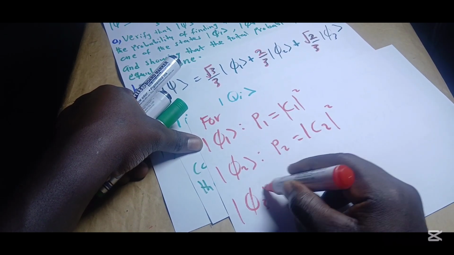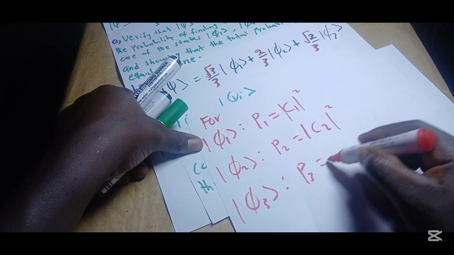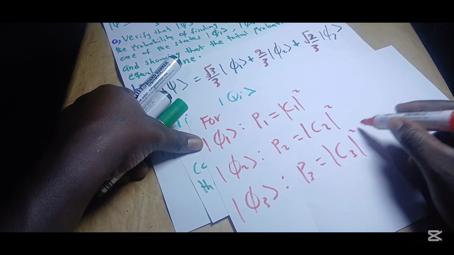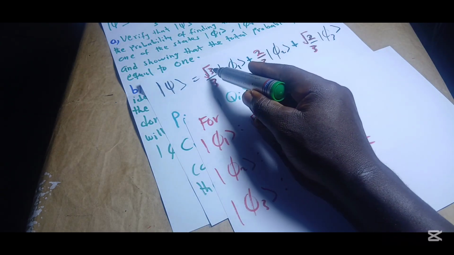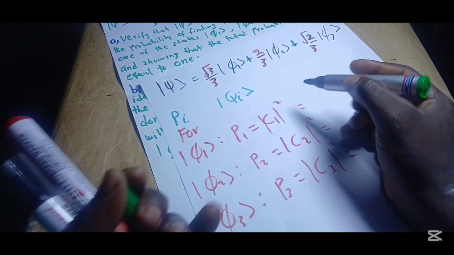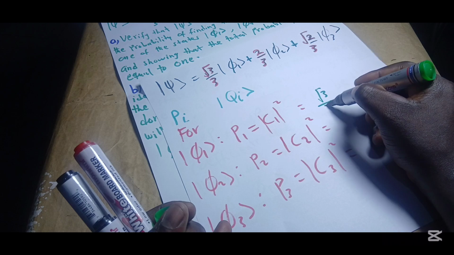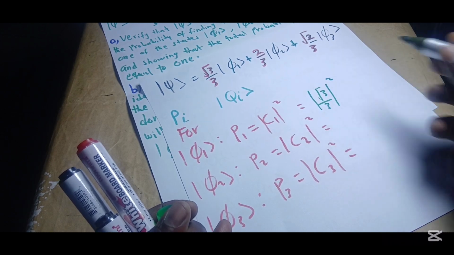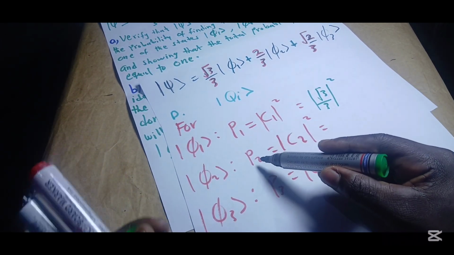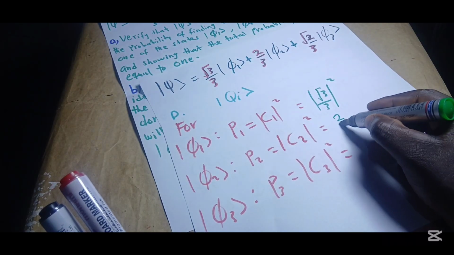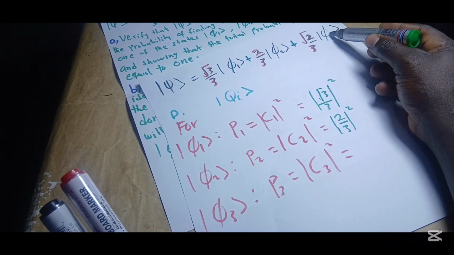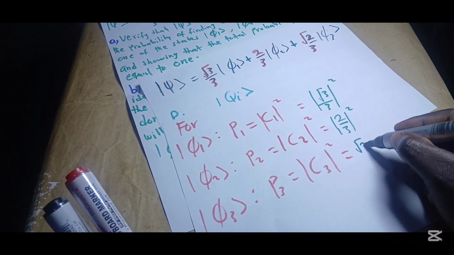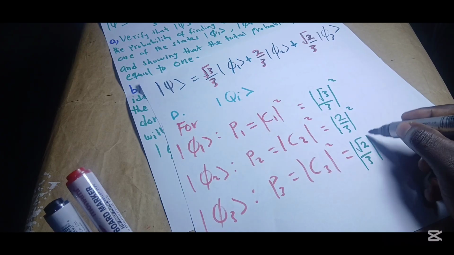For phi 3, P3 equals the same, squared. So now, what is the coefficient of phi 1? It is square root of 3 over 3. So square root of 3 over 3 absolute squared. What is the coefficient of phi 2? 2 over 3. So absolute 2 over 3 squared. What is the coefficient of phi 3? Square root of 2 over 3 absolute squared.